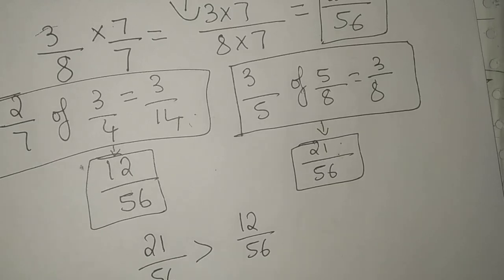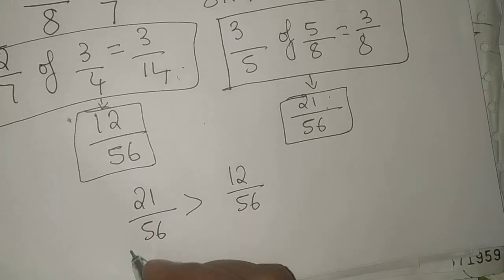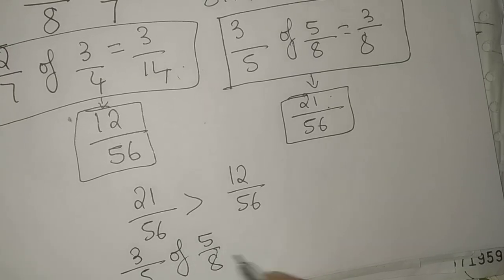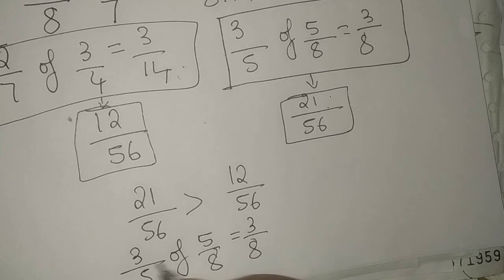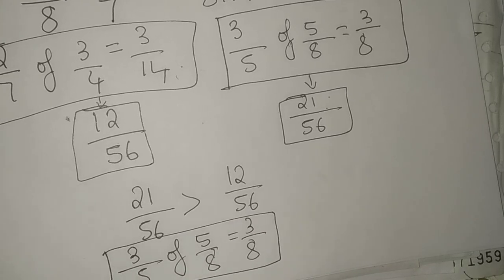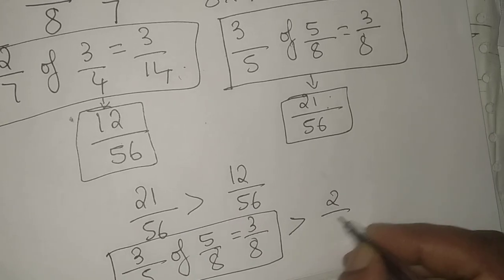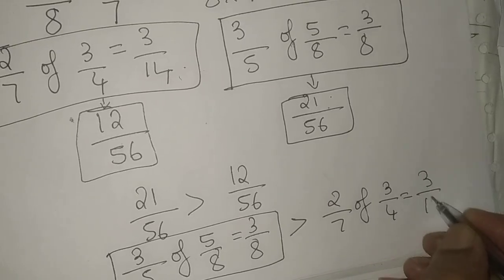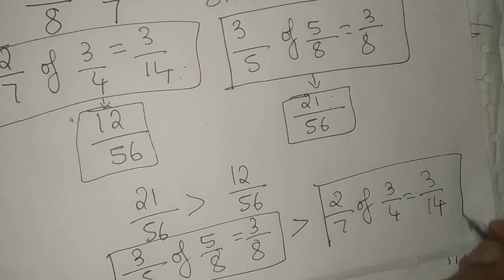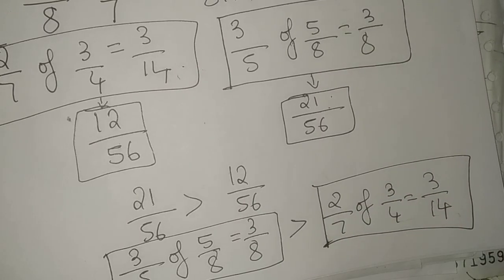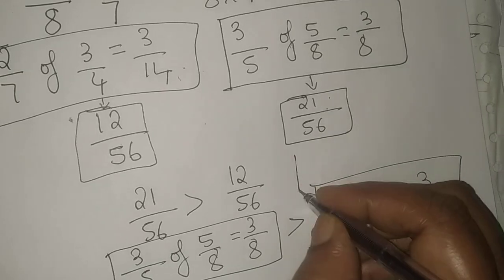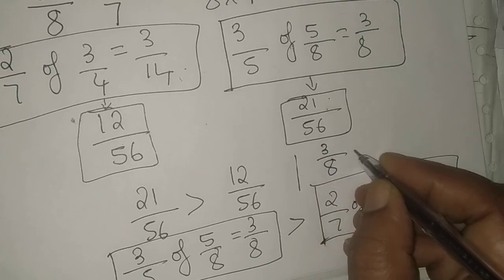So finally we can write 3 by 5 of 5 by 8, which is equal to 3 by 8, is greater than 2 by 7 of 3 by 4, which is equal to 3 by 14. So this is the solution for this problem. That is, 3 by 8 is greater.